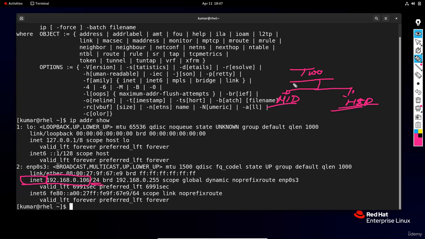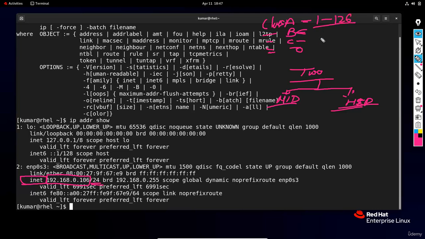If we classify the IP address, the most well-known classes are class A, class B, class C. Okay, these are the well-known ones. And what is the identification of class A, B and C? Class A starts from 1 to 126. This is the range.